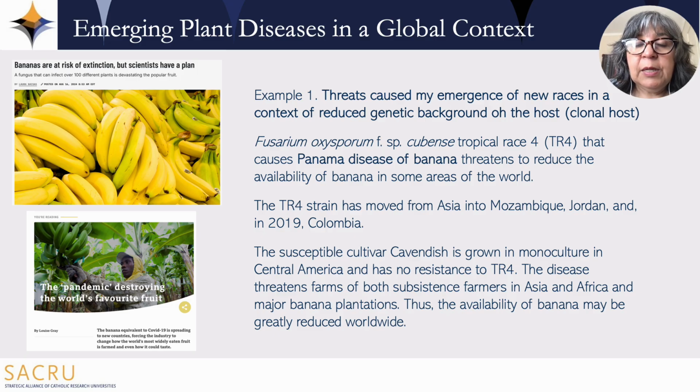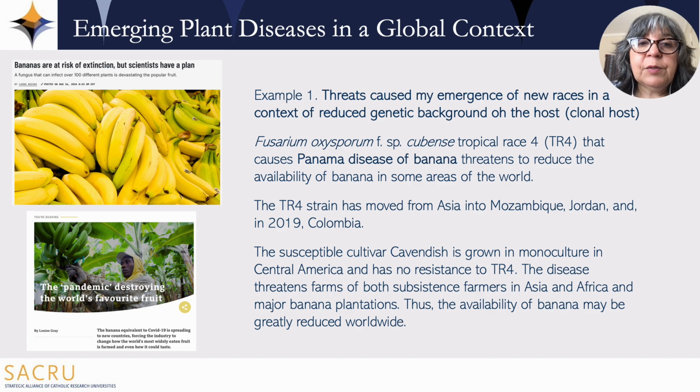This new race of Fusarium evolved in Asia, and it moved through different countries in Asia, and then reached the Americas. And it was described for the first time in 2019 in Colombia.